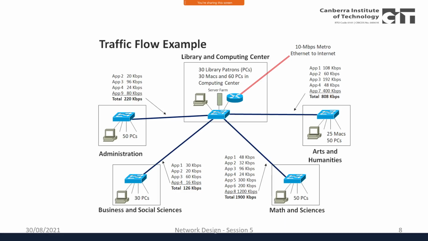Let's say you only have one port on the switch, which is a fiber port, and that is a 10 gigabit per second port. Now, would you use this port to connect any one of these switches, or would you reserve this port for the server farm? What would you think would be the best choice here?